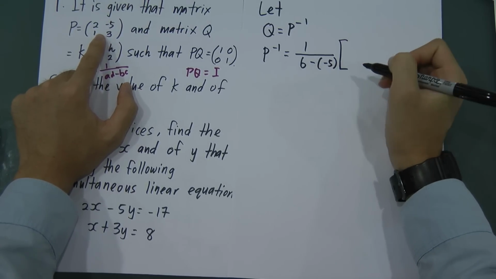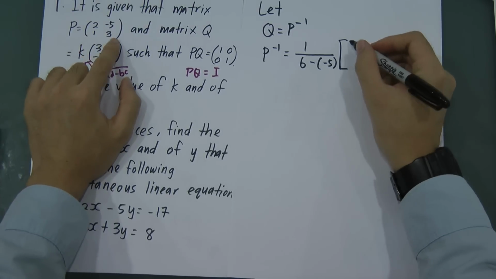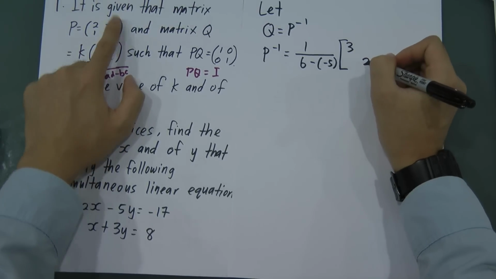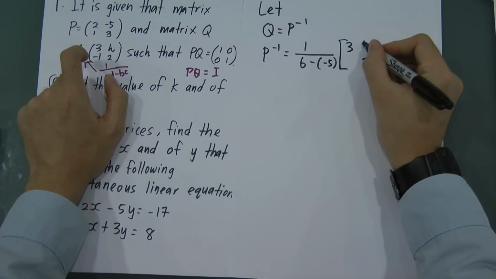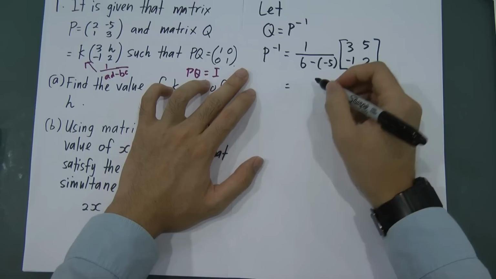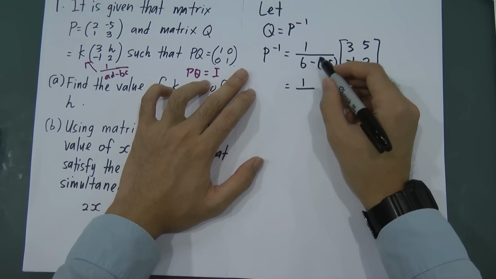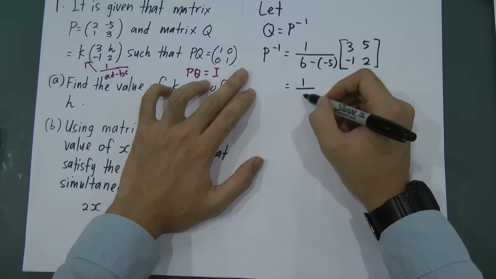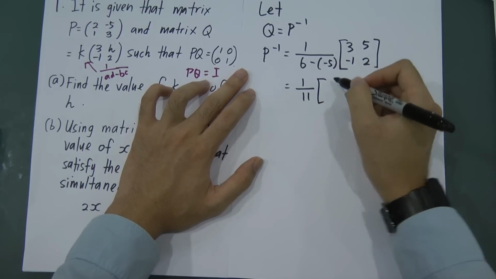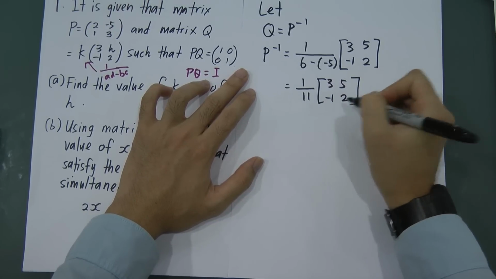And then what I do over here is A and D we have to change place, 3, 2. B and C we have to add negative, negative 5, negative 1. Therefore over here I will get 1 over 6 plus 5, I get 11. Then 3, 5, negative 1 and 2.